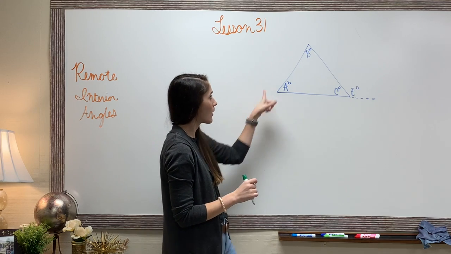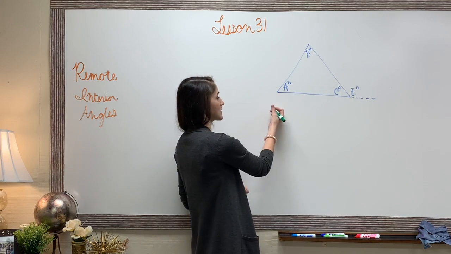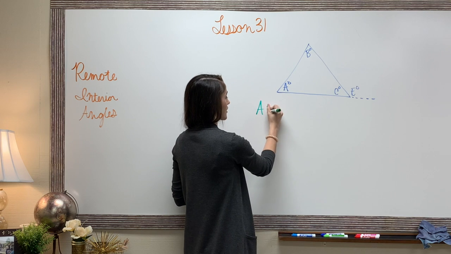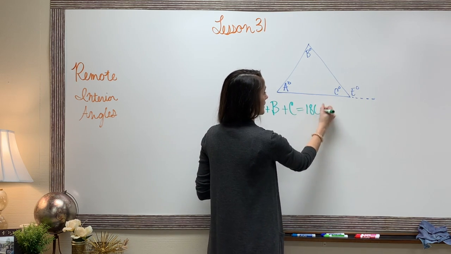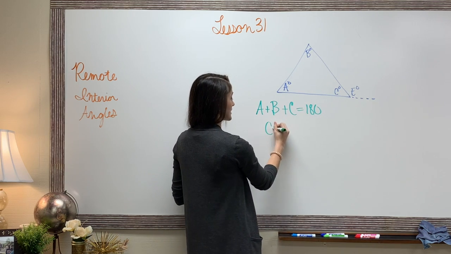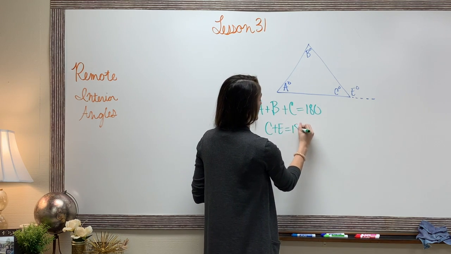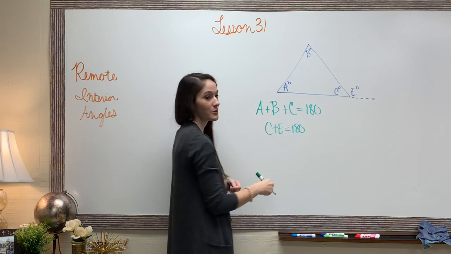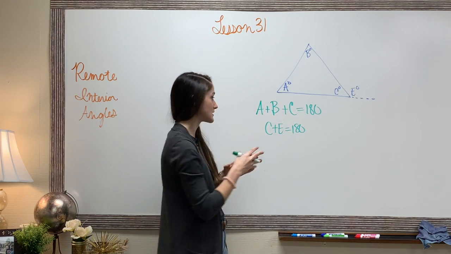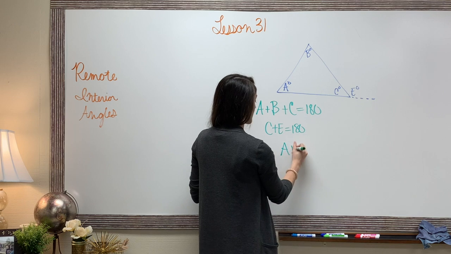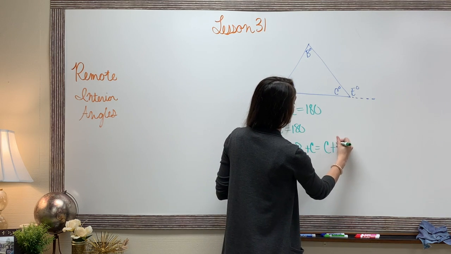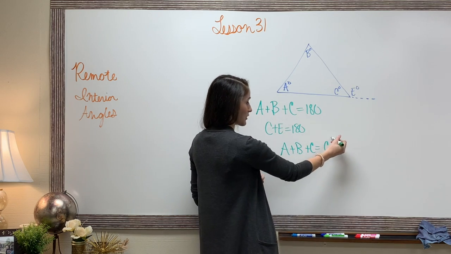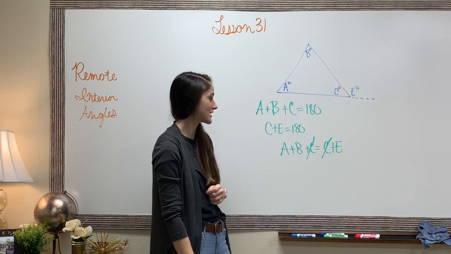So we know that all three angles are going to equal 180. So A plus B plus C equals 180. We also know that angles C plus E will equal 180. So because they both equal 180, we can set these two equations equal to each other. So A plus B plus C equals C plus E. And since they both have positive C, we can just cancel those out.